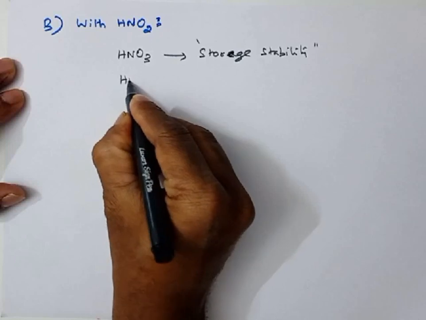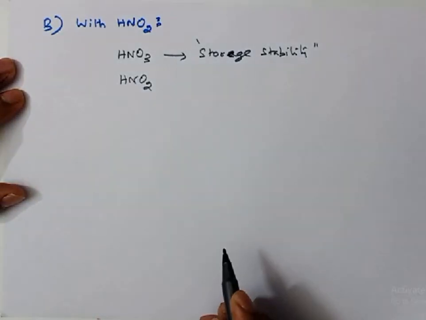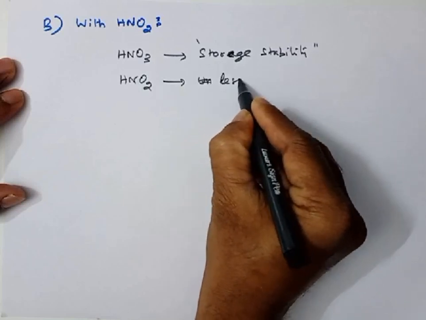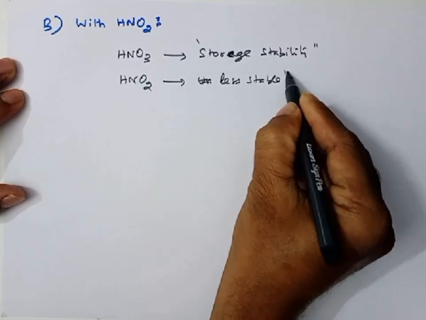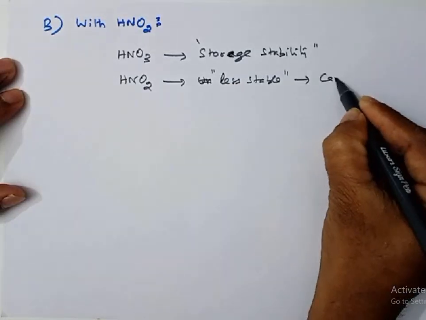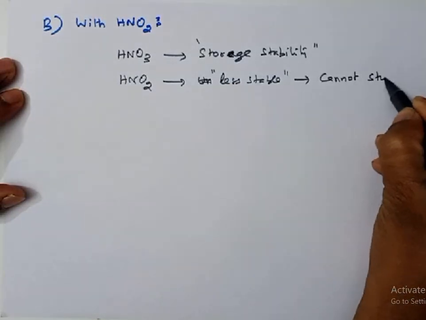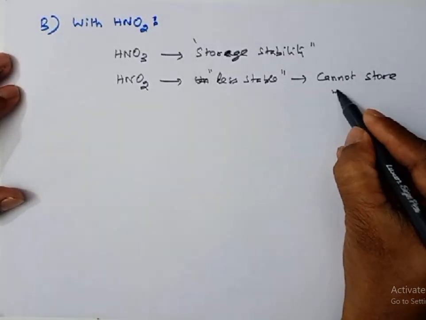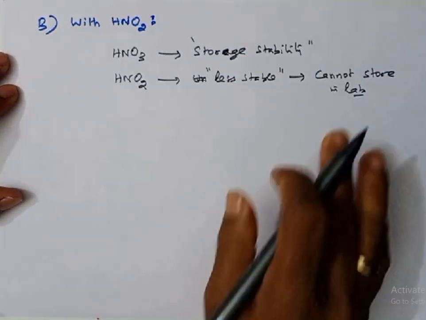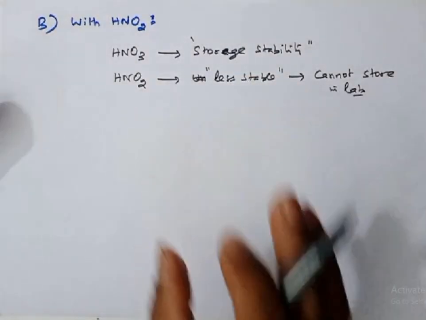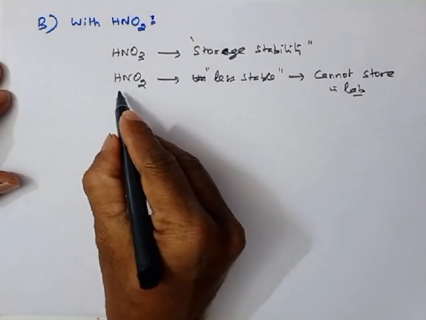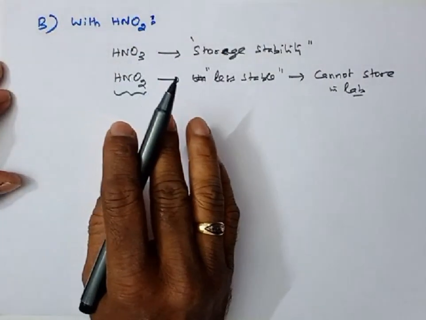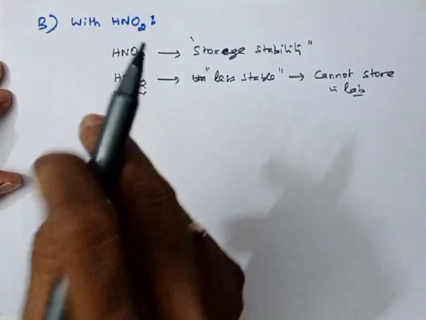But HNO2, nitrous acid, is unstable, or I can say less stable, so one cannot store nitrous acid in the lab. Because the stability is very, very low, it will decompose readily. Therefore, whenever nitrous acid is required in a reaction, you have to produce nitrous acid in situ in the reaction.